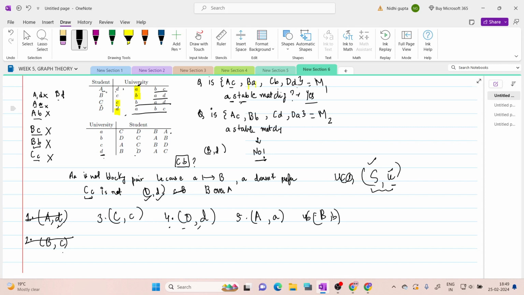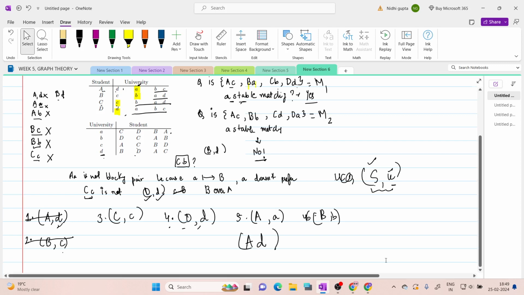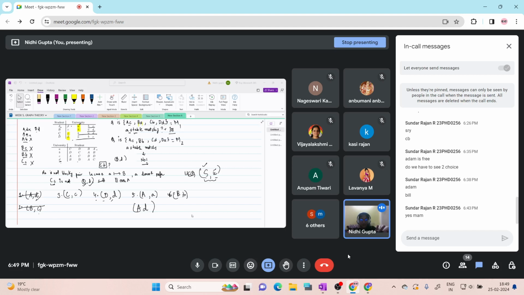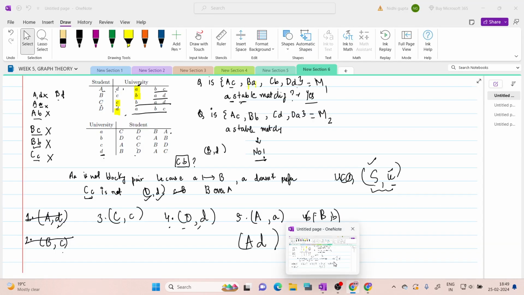But is AD a blocking pair? A, little d. It should not be a blocking pair because our Gale-Shapley algorithm is giving us a stable matching. But why is AD not a blocking pair?